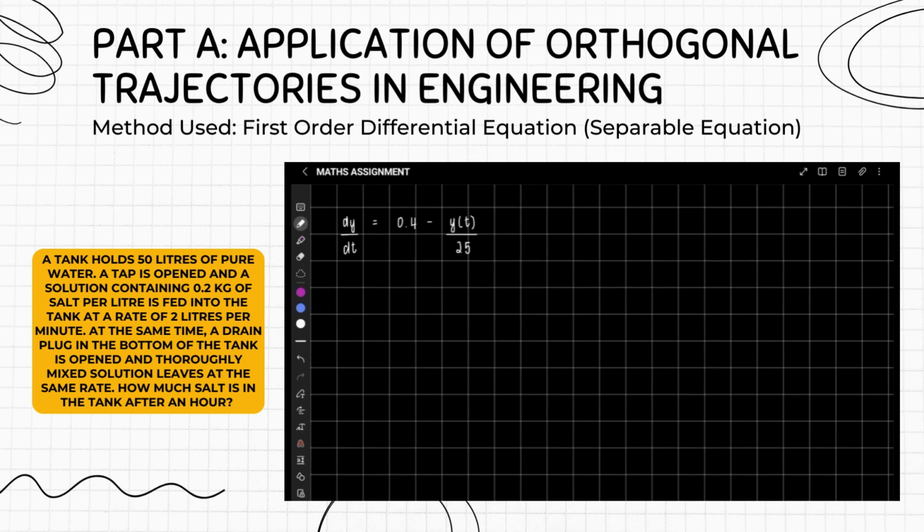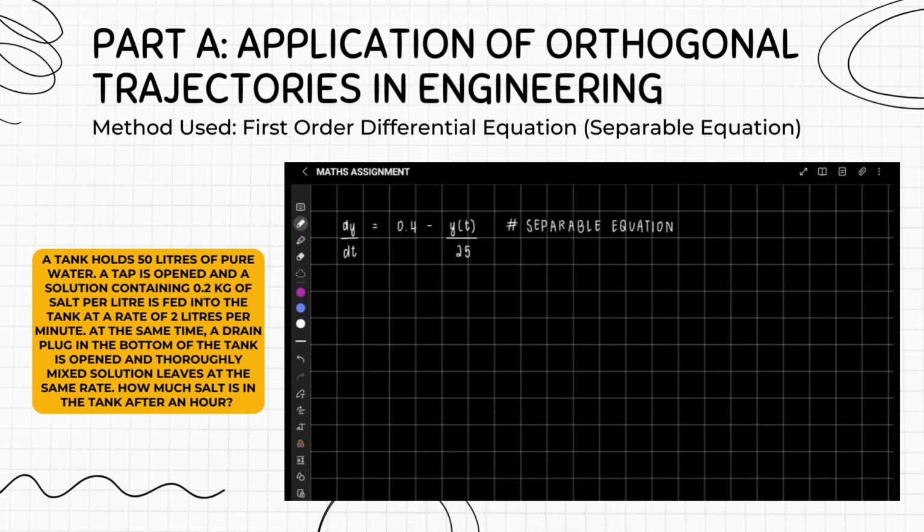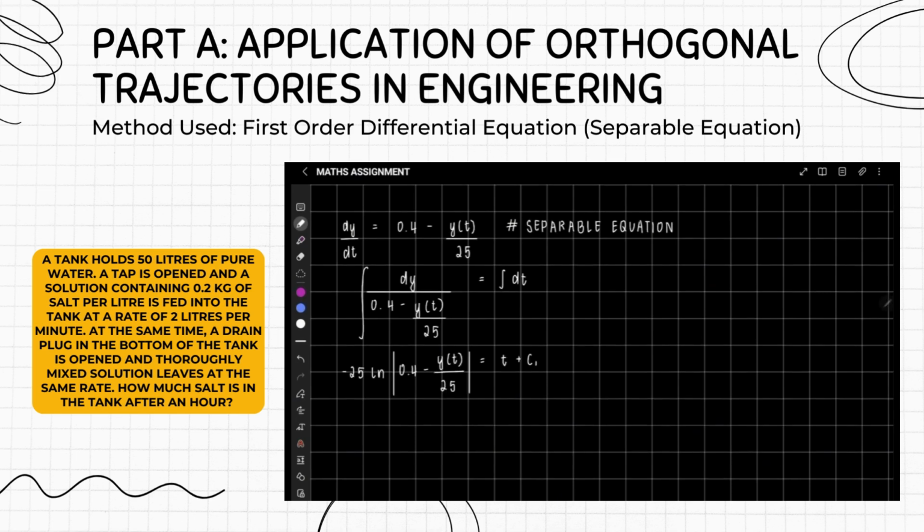Based on the equation, we know that it can be separated, so we can just integrate both sides and we get negative 25 ln absolute value of 0.4 minus y(t) over 25 equals t plus c1, which refers to the first constant. Next, to get rid of the negative 25, we multiply it to every term.